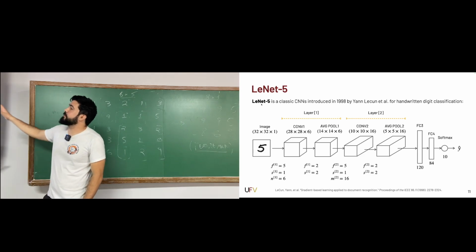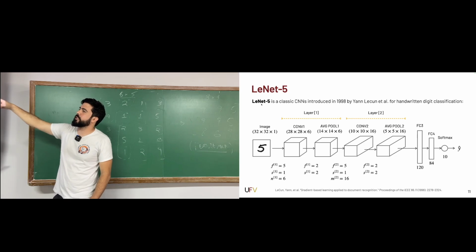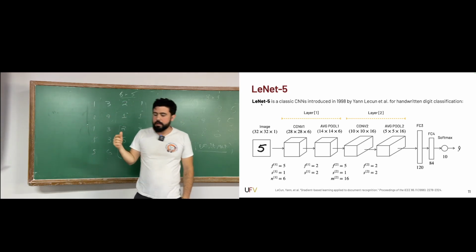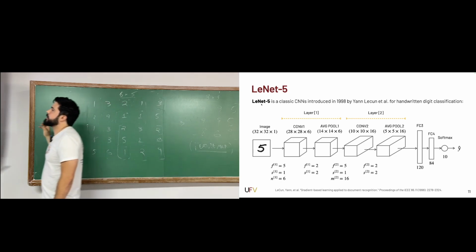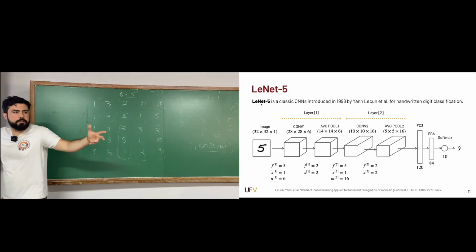So this is LeNet-5. It takes as input an image that is 32 by 32 by 1. So it's a grayscale image, black and white. And it has 2 layers, okay?